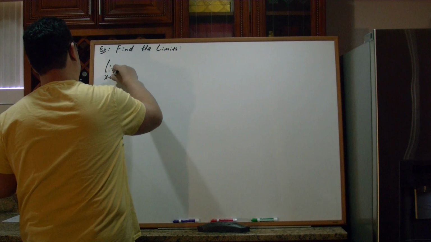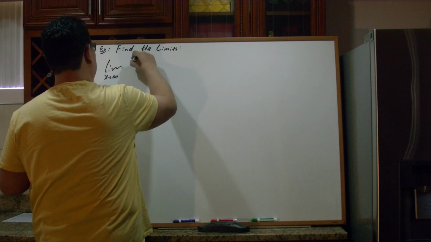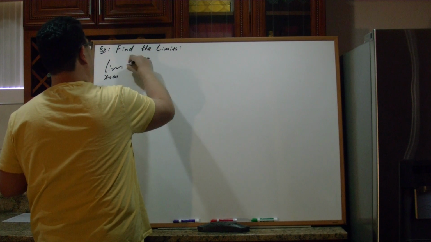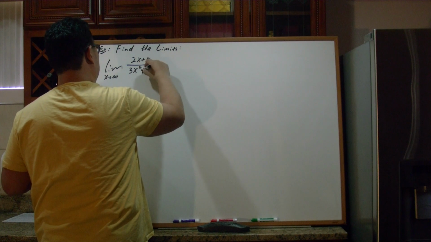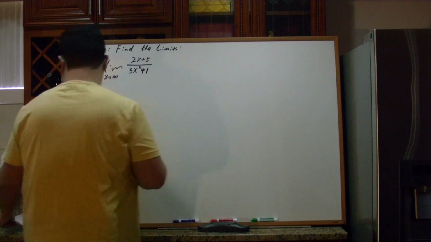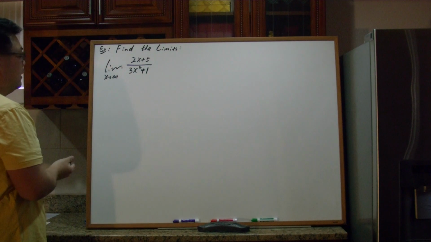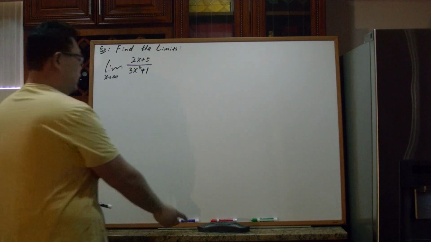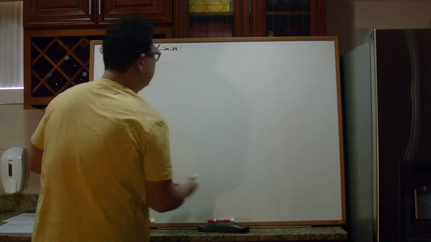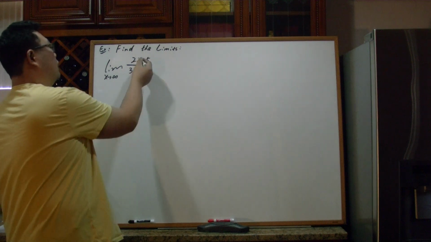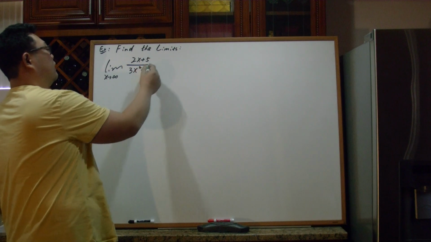Limit as x approaches infinity of 2x plus 5 over 3x squared plus 1. Now we know that this is supposed to be 0. So how will it be 0? The leading terms are x and x squared.